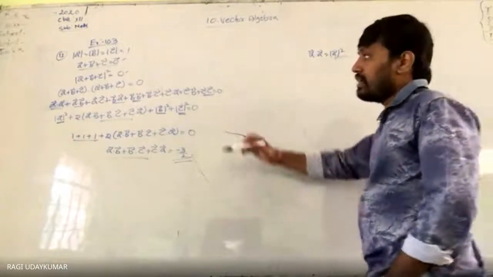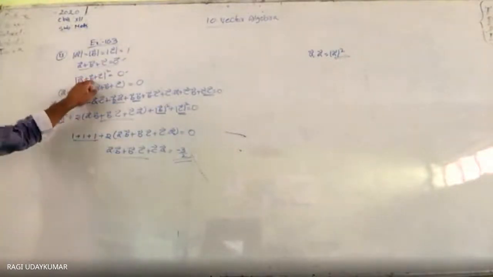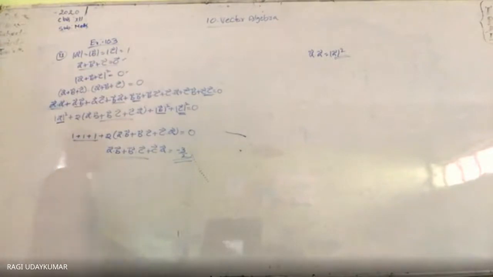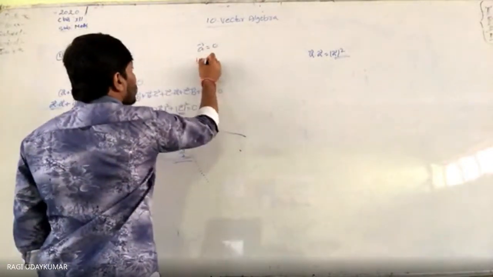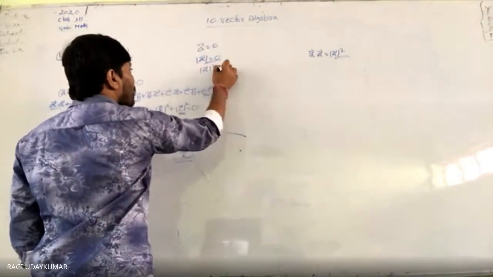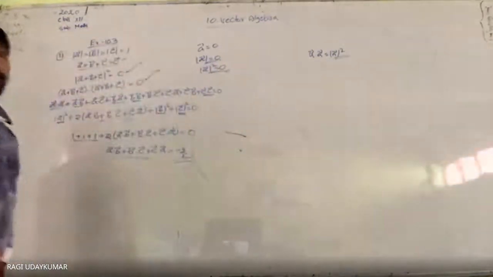If a null vector, a zero vector, is given to you, then the magnitude of the vector squared is equal to 0. Not only that, if any vector is a zero vector, then the magnitude of the vector will be equal to 0, and the magnitude squared will be equal to 0. Like that only this was taken.